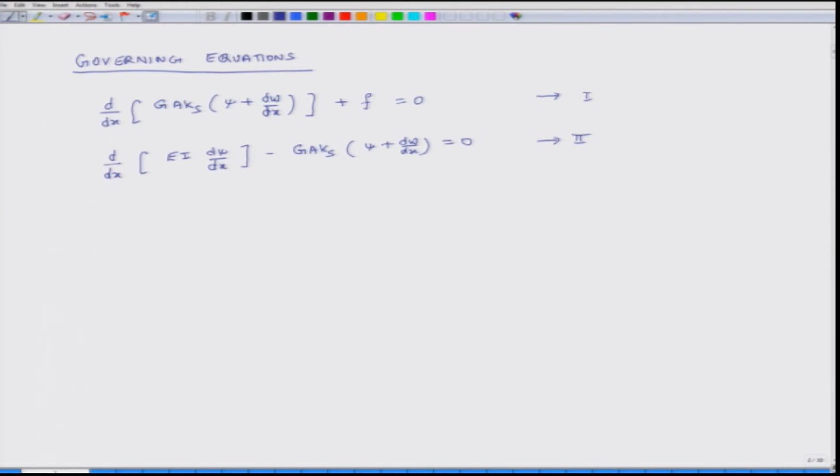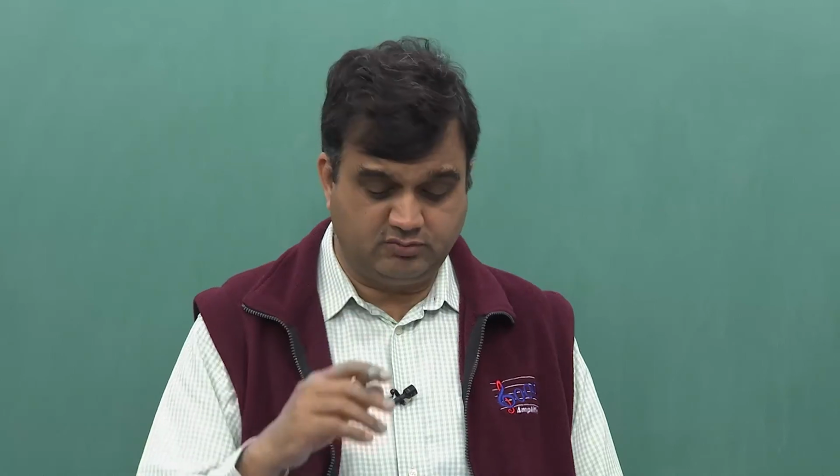Now, here we have this term called Ks, and Ks is a constant and it is known as shear correction factor. This is a correction factor, a pure number, and the way we figure out this number is either through sophisticated analytical methods or through experiments based on the cross section of the beam and the length of the beam.